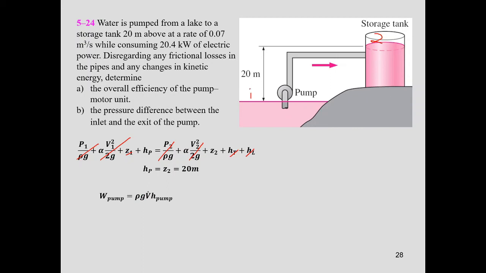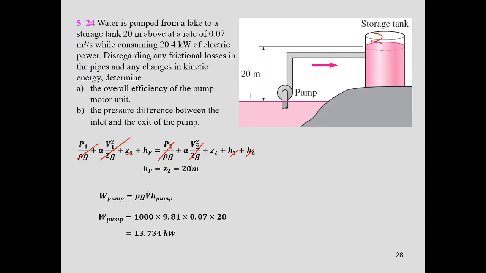The power of the pump, W pump, is rho g V dot HP. Rho is 1000, g is 9.81. V dot is given here, 0.07 meter cube per second, times h pump. Okay, h pump you calculated before, h pump is 20 meter. The work pump is 13.734 kilowatt.